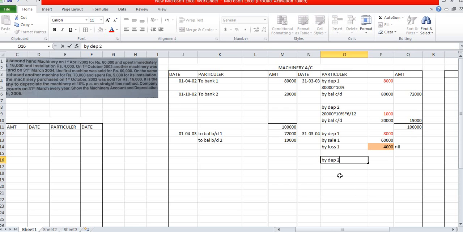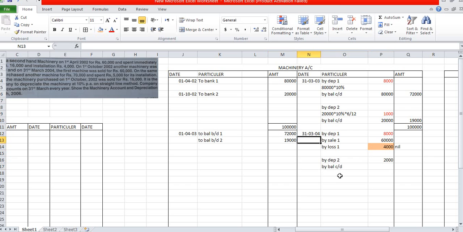Okay, go for second, by depreciation second, how much, the original price was 20,000. On 20,000 we have to calculate, so it's 20,000 for 2,000, 10%, by balance carried down.